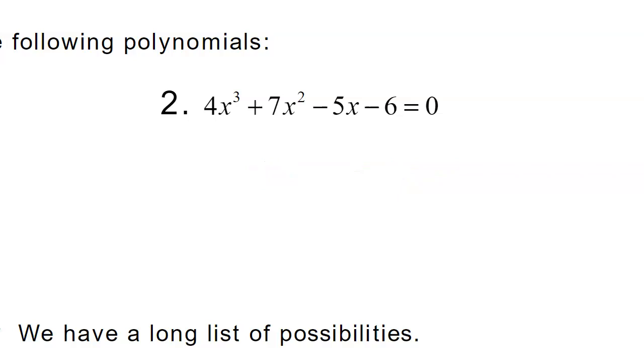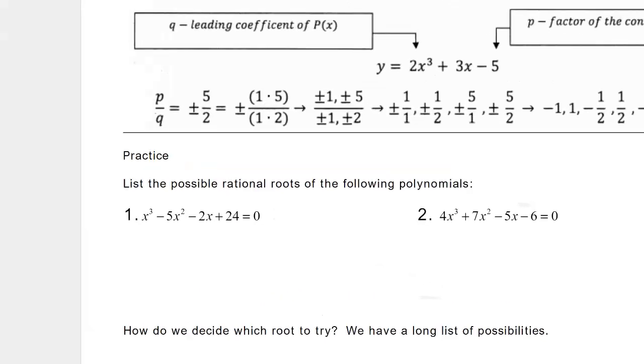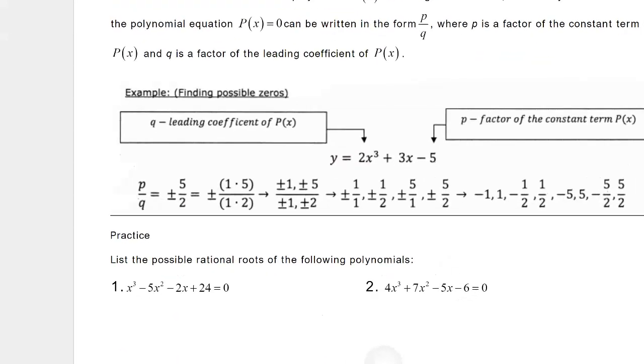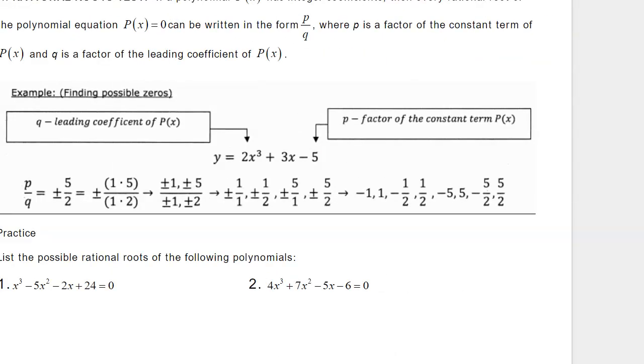So let me go ahead and show you how to do this rational root test. It's actually quite easy. All you have to do is take the leading term's coefficient, which we're going to call Q, and you're going to take your constant, which we're going to call P, and place the P value, that's your constant, over the Q value.